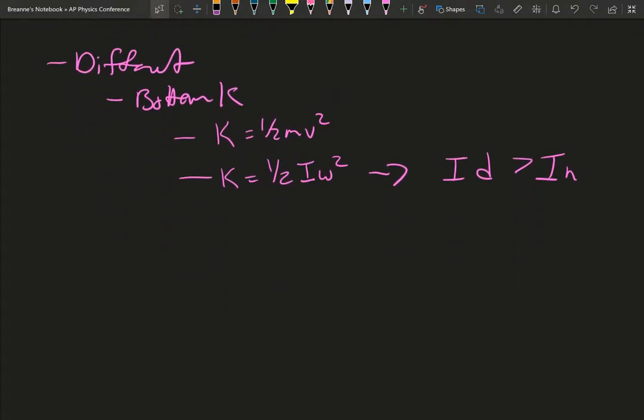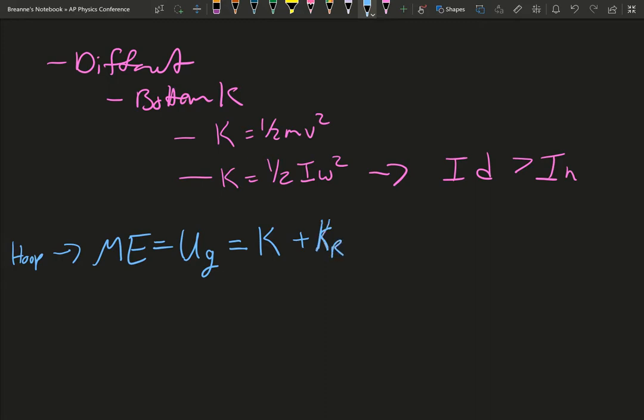So let's do our mechanical energy equation for the hoop. Mechanical energy equals your gravitational, this is at the top, and then it'll be your kinetic plus your rotational kinetic. Same thing for the disk, the same exact equation. Mechanical energy equals gravitational equals that plus this.